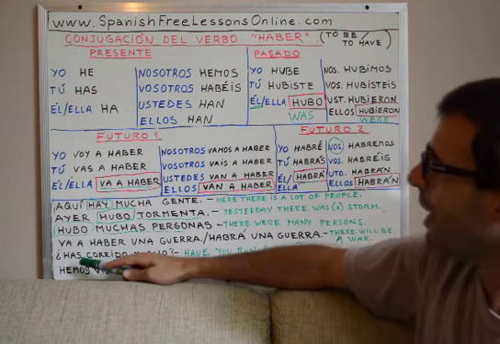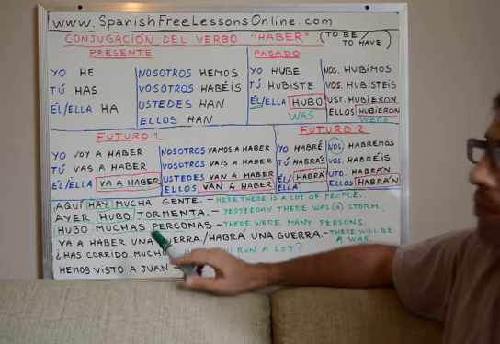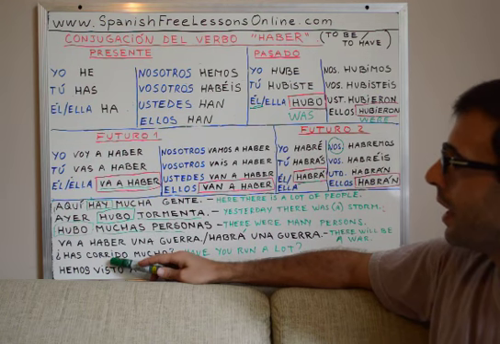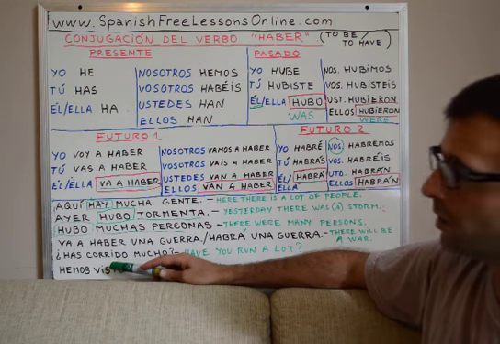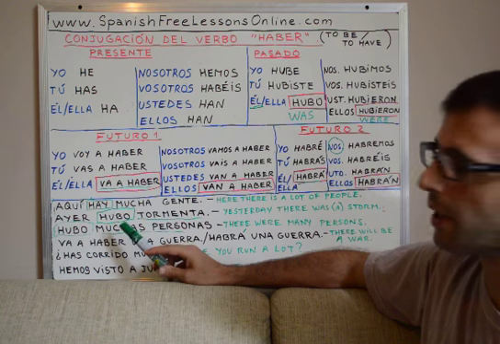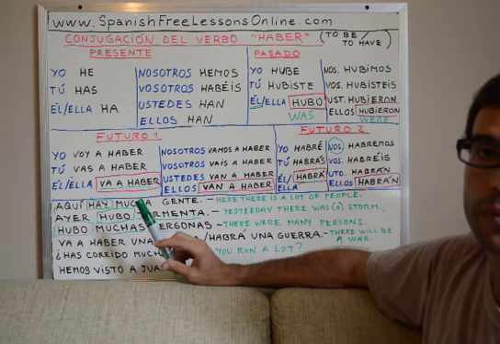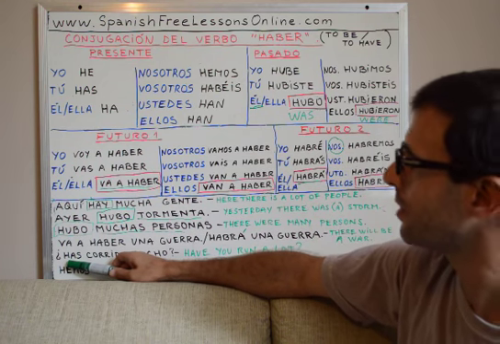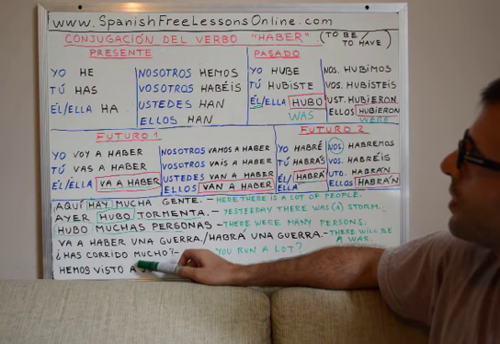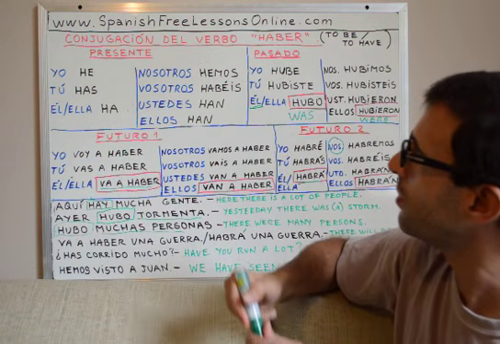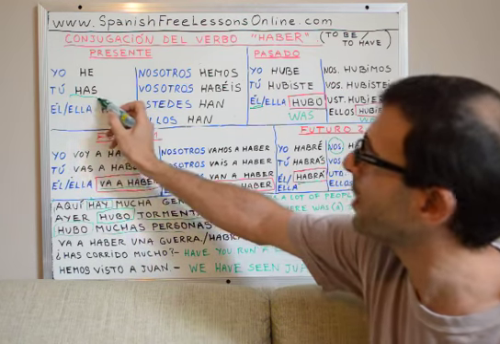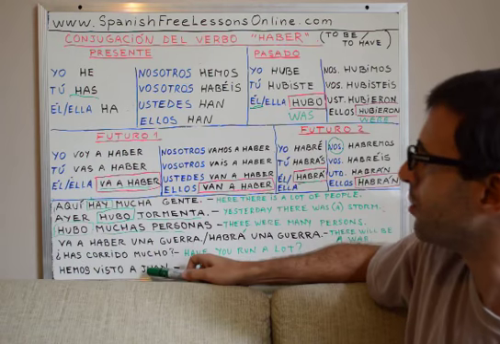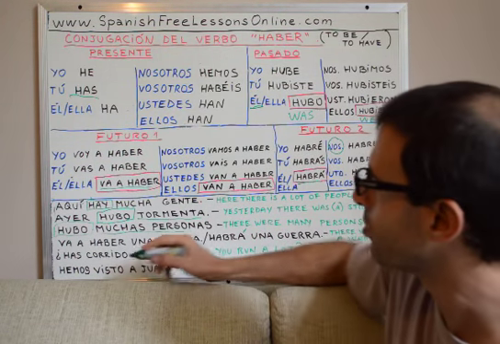Now, ¿has corrido mucho? Now you're using the verb haber as an auxiliary verb, right? For the compound conjugations. In this case, we are conjugating in present perfect, yes? Has corrido mucho. So we are using the verb haber in present, but we are adding the past participle of the verb correr, to run, right?